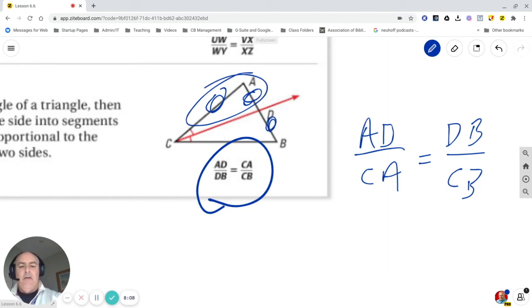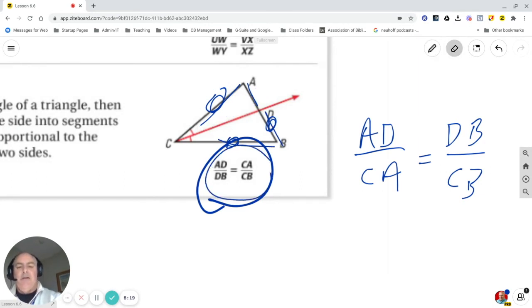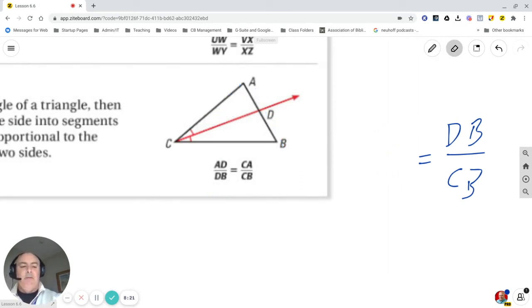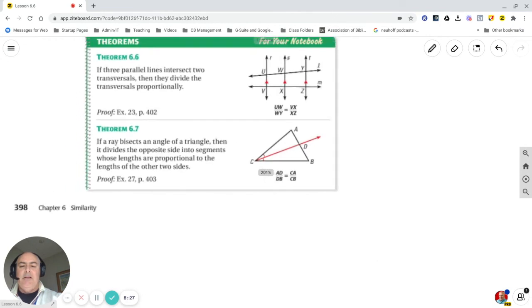All I have to do is be consistent. This side over that side is going to be equal to this side over that side. I start with my initial theorem, and I cross multiply, something that's going to be really important to be confident in doing for this lesson especially. And then I can rewrite my proportions. They're still going to be true and equal, but now I'm just going to be evaluating different sides.